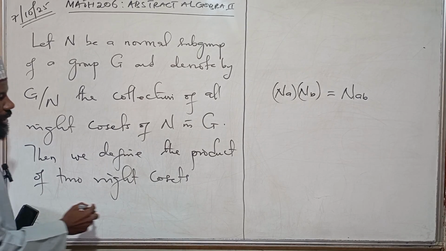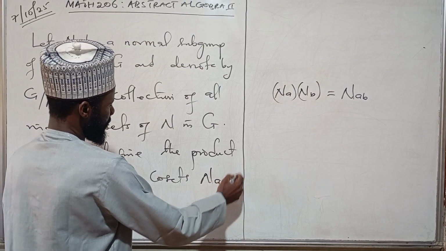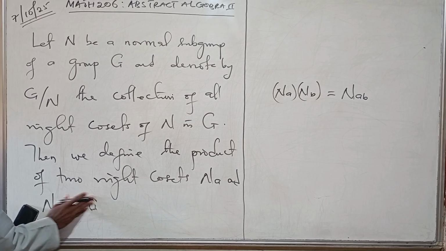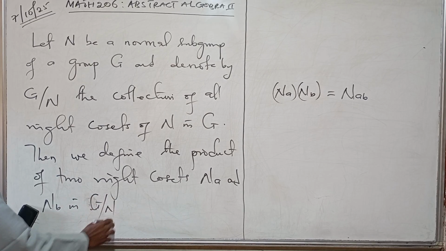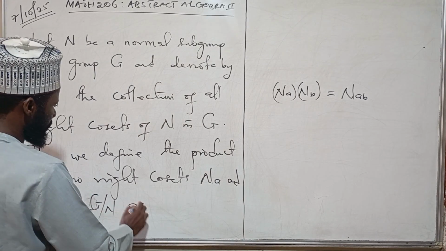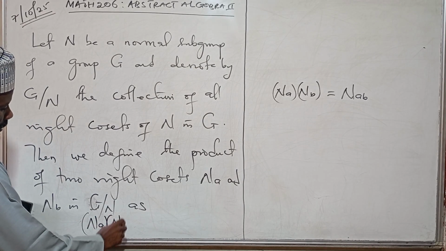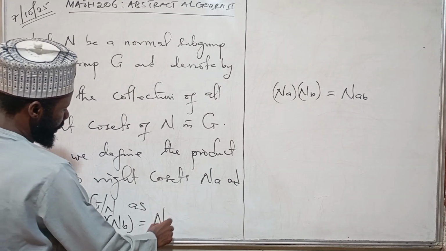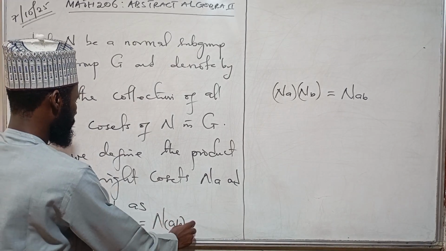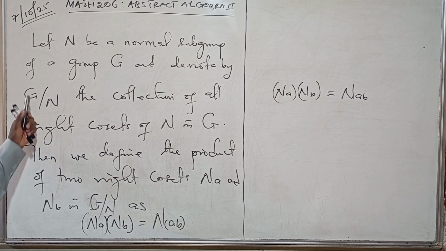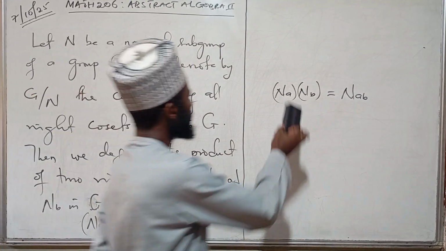So the product of two cosets Na and Nb in G/N, this is our set now, is defined as Na multiplied by Nb equal to Nab. Now what we want to see is that this particular product satisfies the axioms of a group. So we will do that here.